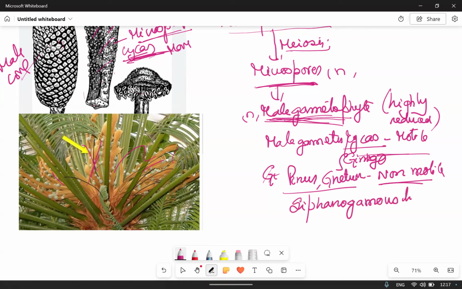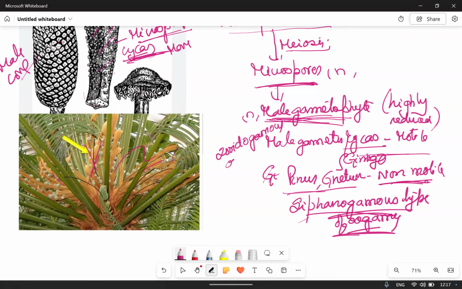In Cycas and Ginkgo, zooidogamous type. In Pinus and Gnetum, siphonogamous. What is the siphon tube? The tube produced by the pollen grain after germination, carrying the male gametes which are non-motile.